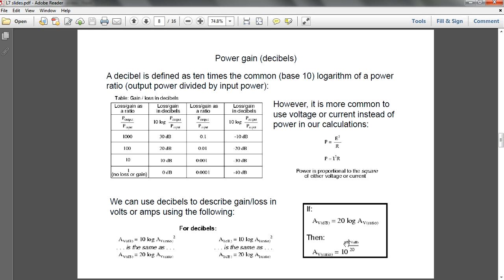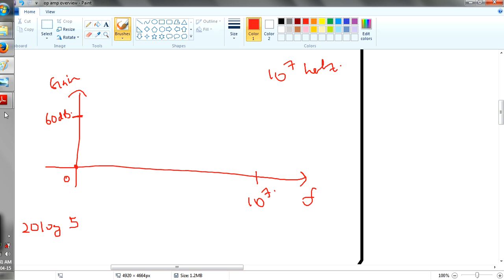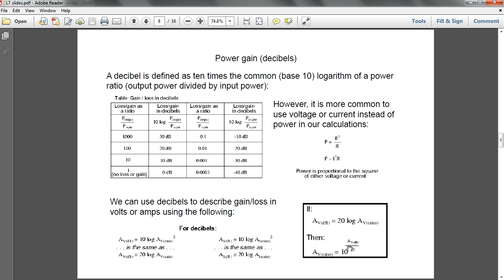So in other words, alternatively, you can find your gain using your bandwidth. So how does this work? Okay, if you were to use the formula given in this situation, this is your gain in terms of decibels.